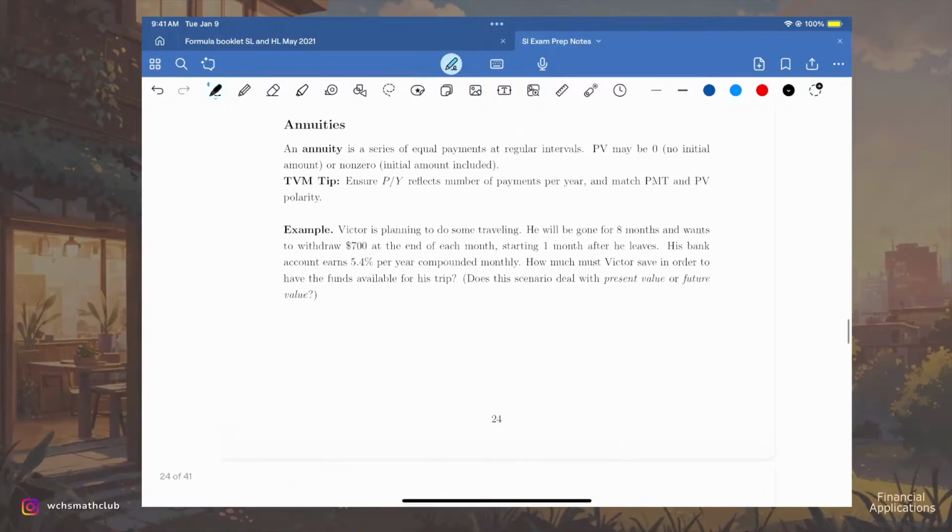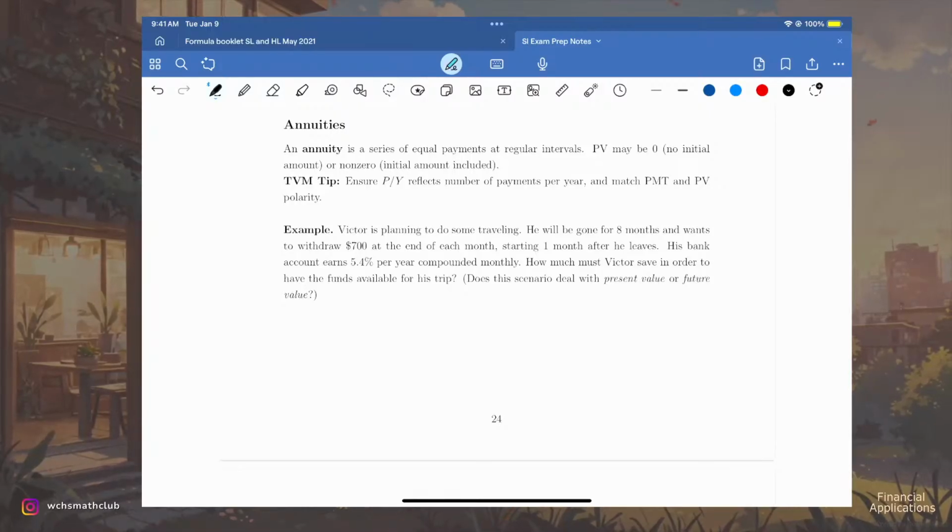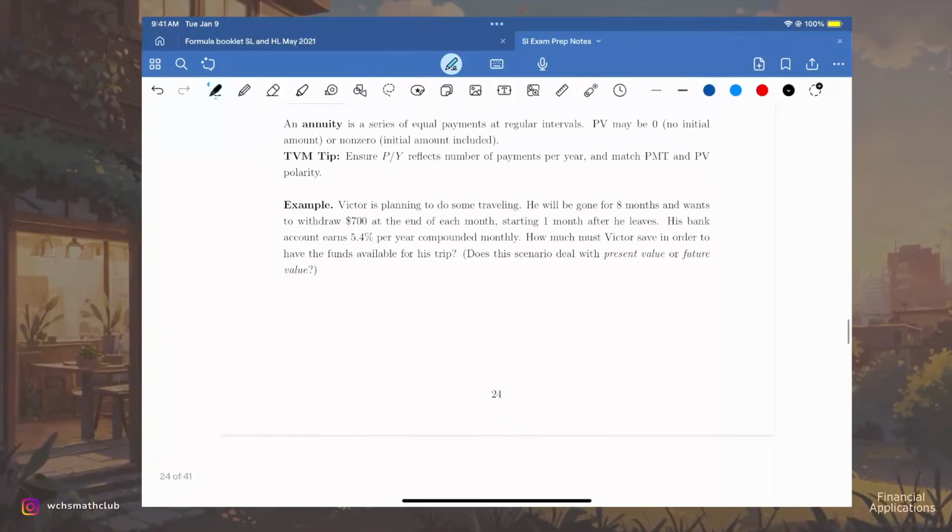Another definition is annuities, which are basically just a series of equal payments at intervals. Your present value could just be 0, or you could already have some present value. It's based on the question.